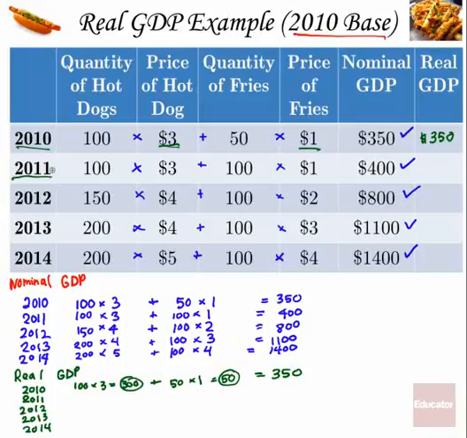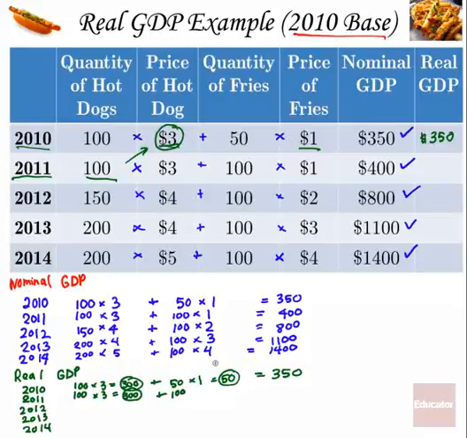So in 2011, it's 100 here, but guess what? The price here, using the $3 mark, is the same. You get 300. Plus, you use the 100 right here, but instead of using this price, use this new price, the $1 price.